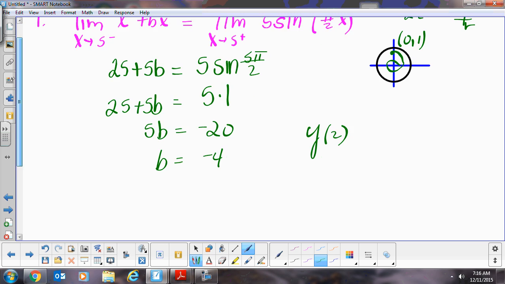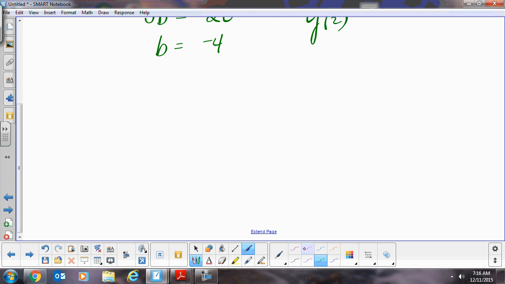That's limits to infinity. Was that on your last test? This looked pretty intimidating, didn't it? Okay, if we look at this, what's the highest exponent of x in the denominator? 6. What's the highest exponent of x in the numerator? 5. So what are we looking for when we take limits to infinity?